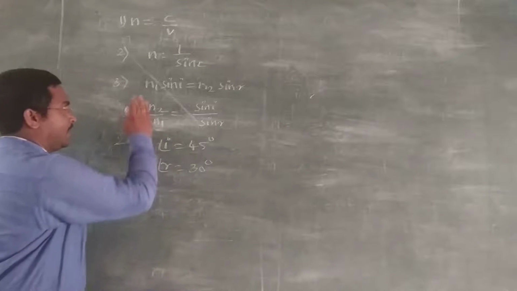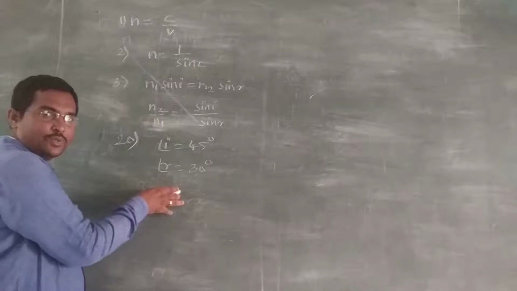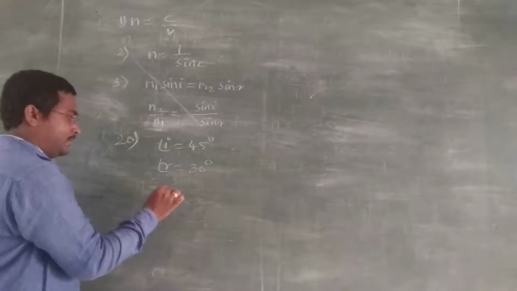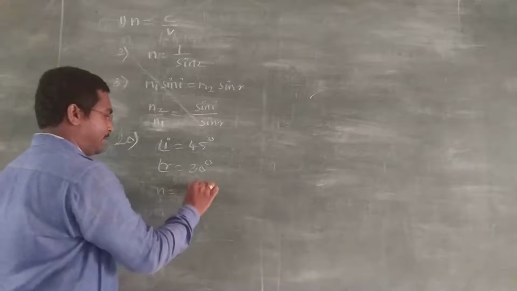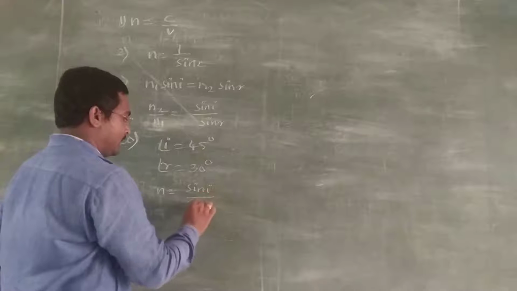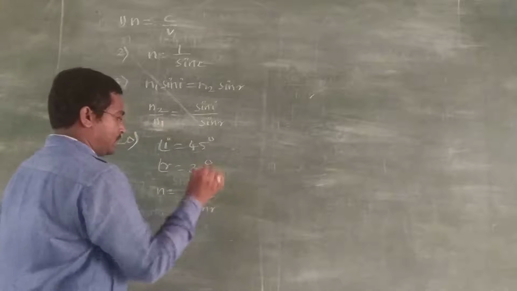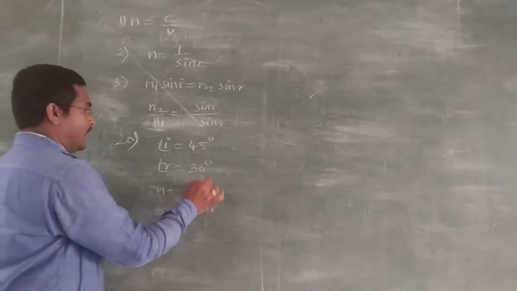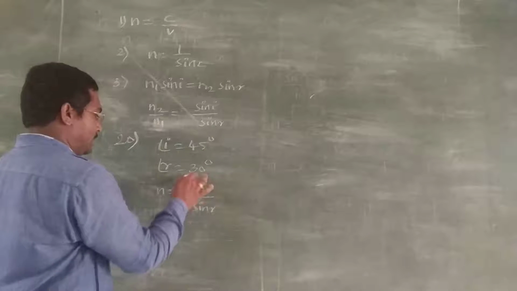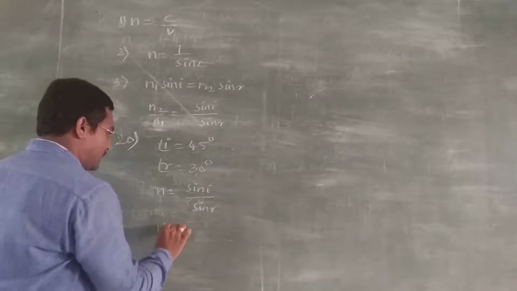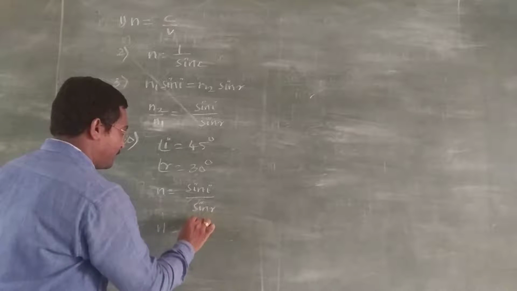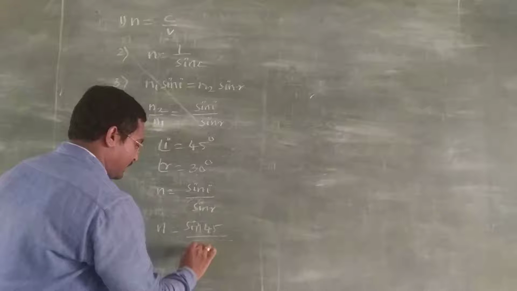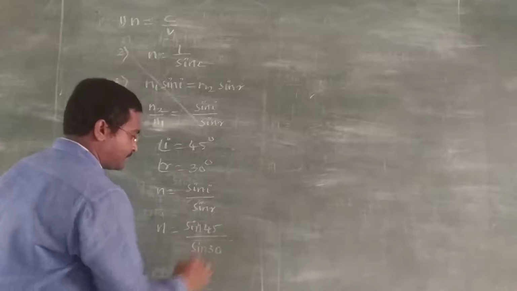And you want to find the refractive index first, based on these two values. Refractive index n is equal to sin i by sin r. So substitute the values here: i value 45, r value 30. Now n is equal to sin 45 by sin 30.